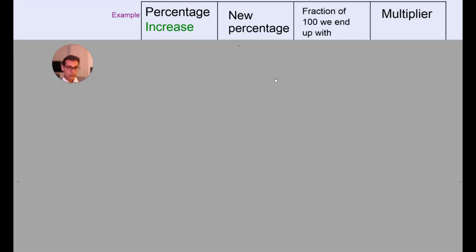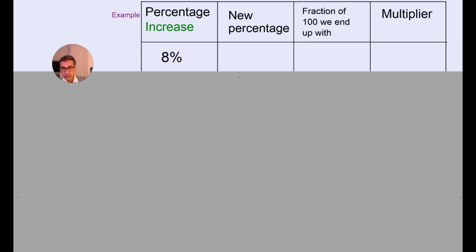Now let's practice working out decimal multipliers. That's what we want to put in the calculator. So here's an example here. If you are increasing something by 8%, your new percentage will be 100% plus 8%, which is 108%.